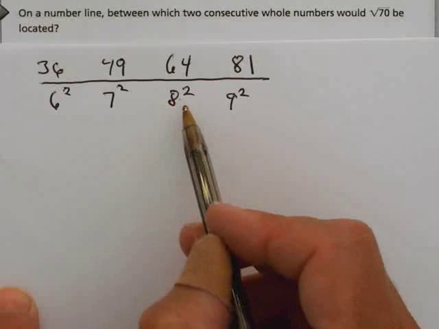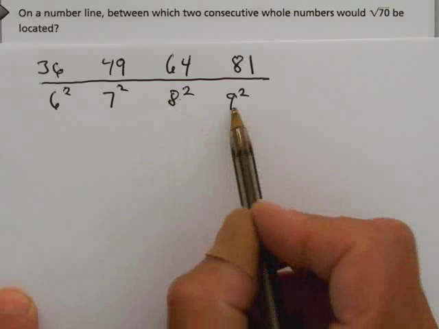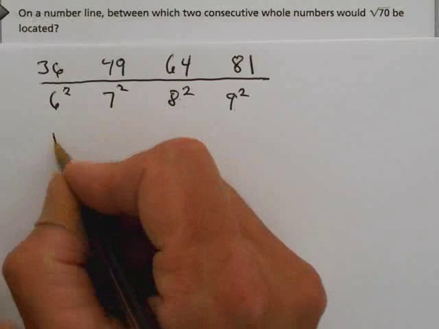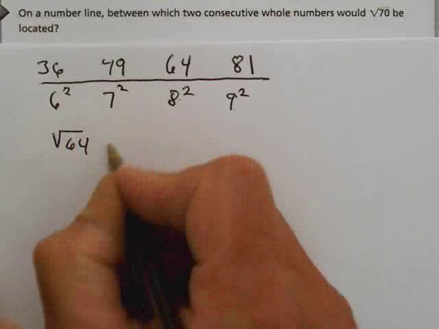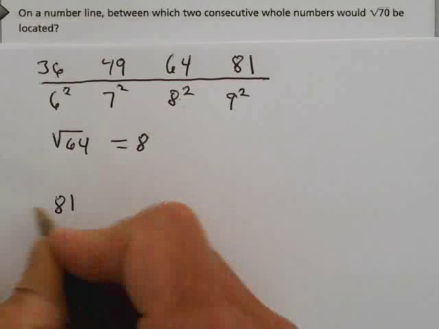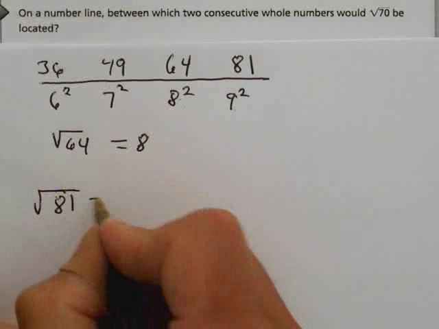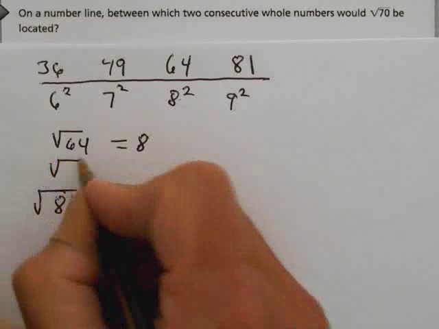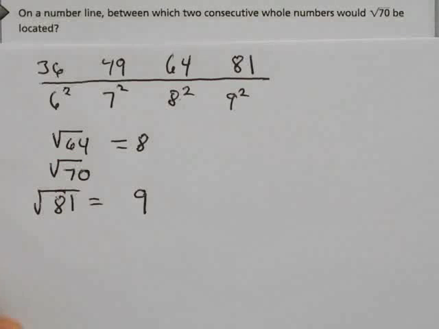Why? Because 8 squared is 64, and 9 squared is 81. In other words, if you're having difficulty with this, the square root of 64 is 8, and the square root of 81 is 9. Therefore, the square root of 70, where is it?